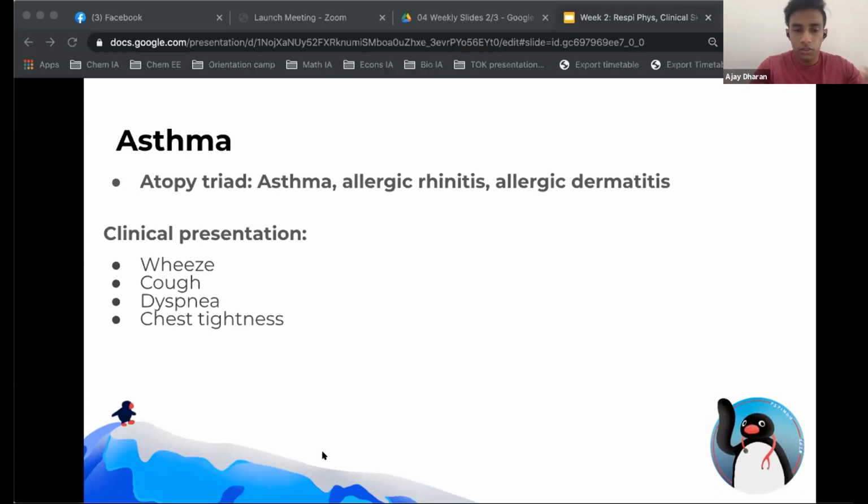There are two ways that can trigger this IgE. I was talking about intrinsic versus extrinsic. Intrinsic is usually non-allergic. It could be exercise, cigarette smoke, aspirin, beta blockers, non-allergic factors, right?